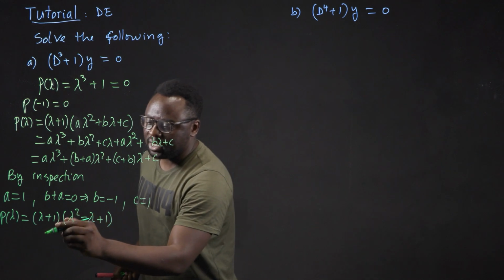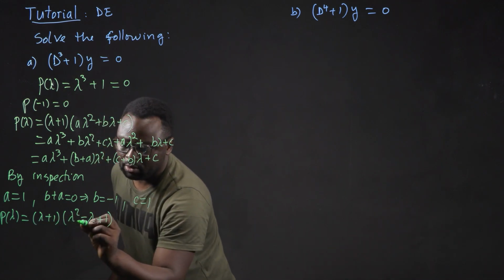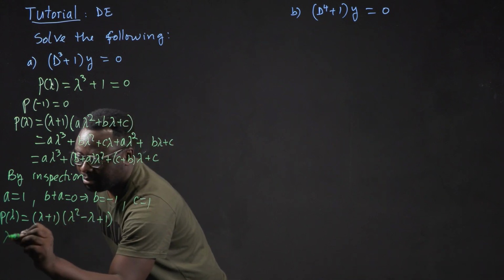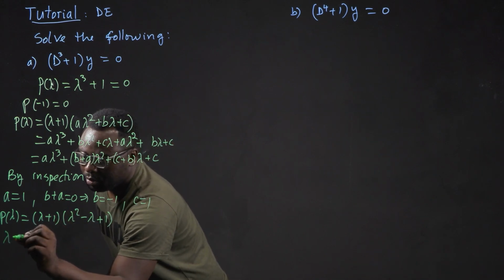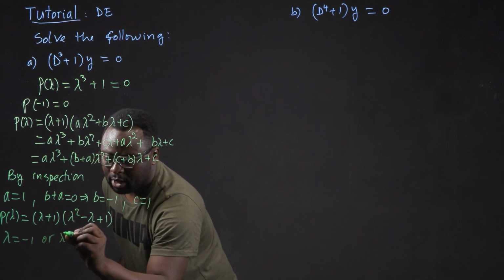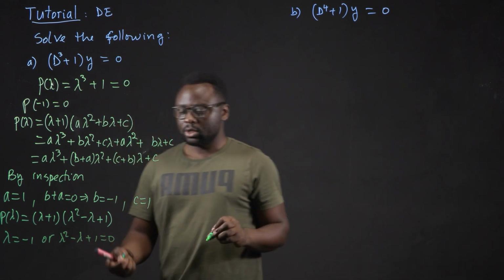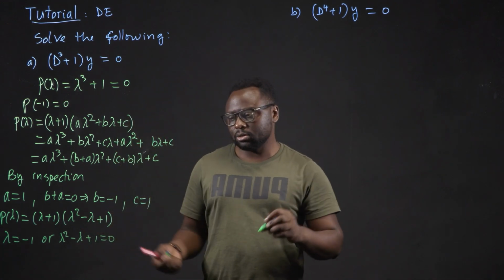So at this stage, we want to find the roots. The solution here will be this part equals 0 or this part equals 0. So lambda is equal to minus 1 coming from the first bracket, or lambda square minus lambda plus 1 is equal to 0. To solve this, we generally use a discriminant.